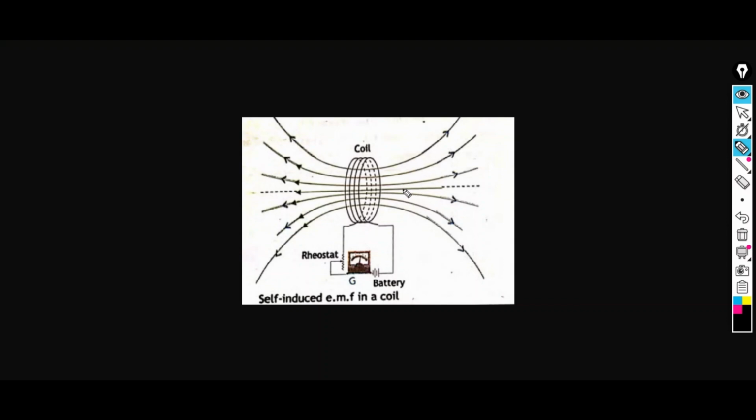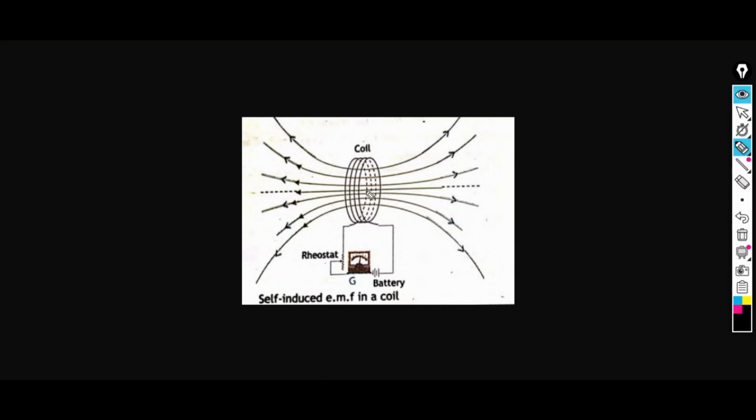Okay, so the change in the strength of the magnetic field with the area we call the flux. So in other words, we can say that if we provide the DC to this coil, and if we change their magnitude while using the rheostat, the magnetic flux will be changed. Okay, so if this magnetic flux which is produced by this coil is changing, this magnetic flux again interacts with the same coil.